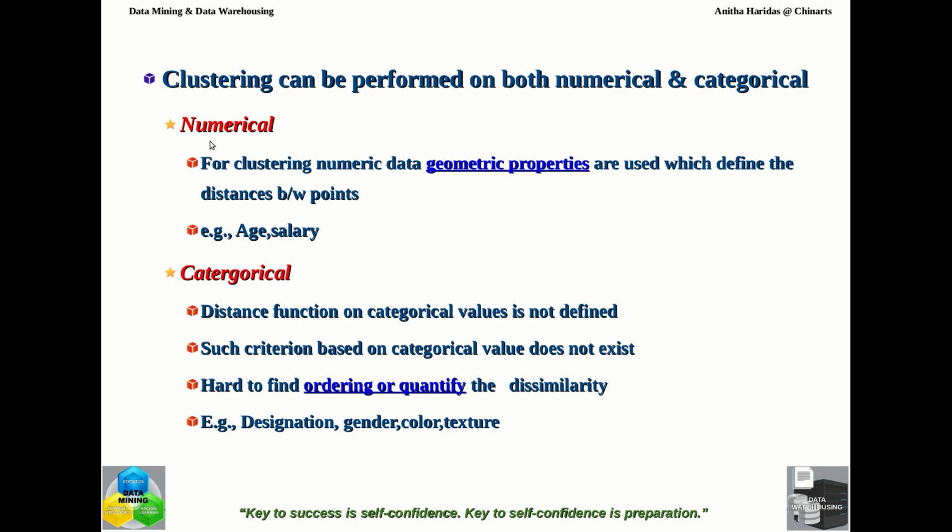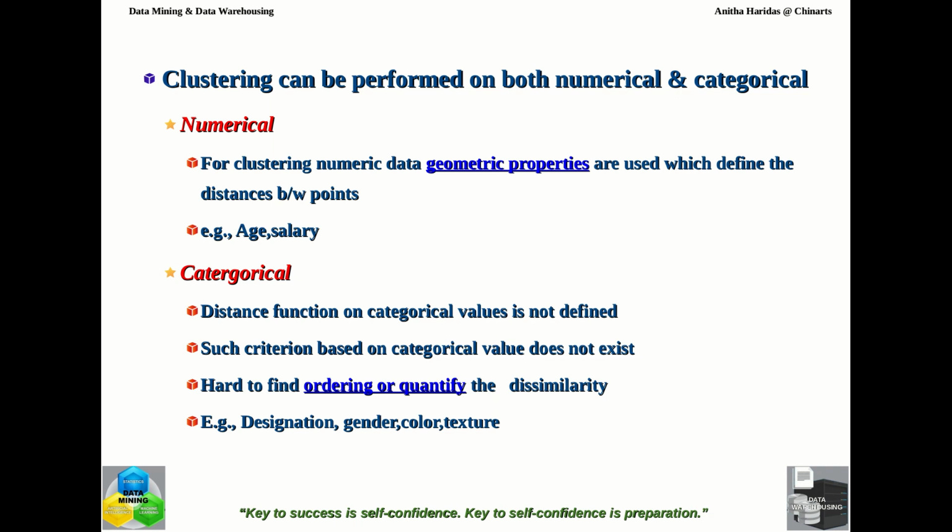Some clustering algorithms are capable of doing the clustering process based on the numerical data, and some will perform the clustering based on the categorical data, and some of the algorithms are capable of doing both numerical and categorical. So what it will do is the categorical data will be converted into some numerical data.